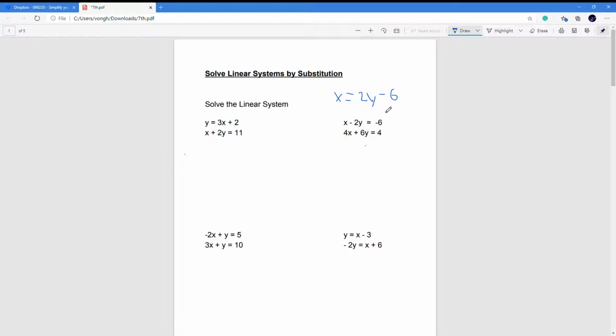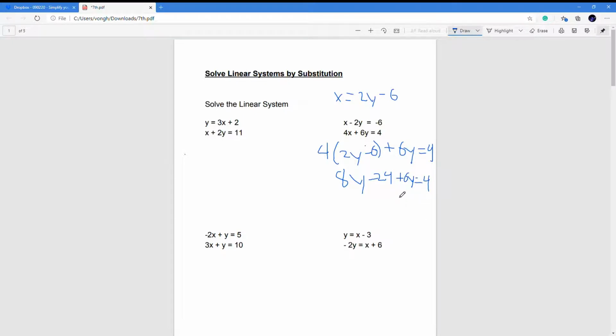And what we're going to do is do the same thing and plug x into this equation right here. So we have 4 times 2y minus 6 plus 6y equals 4. Now we simplify it again, get 8y minus 24 plus 6y equals 4.